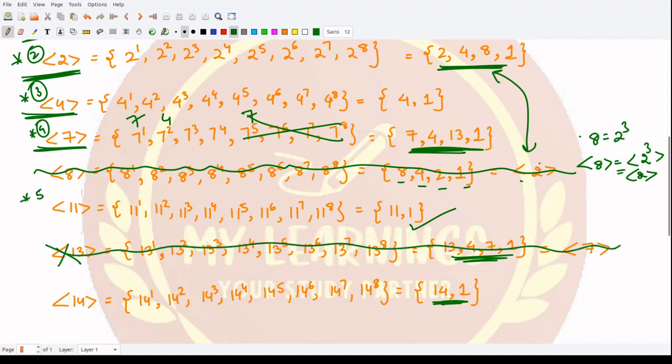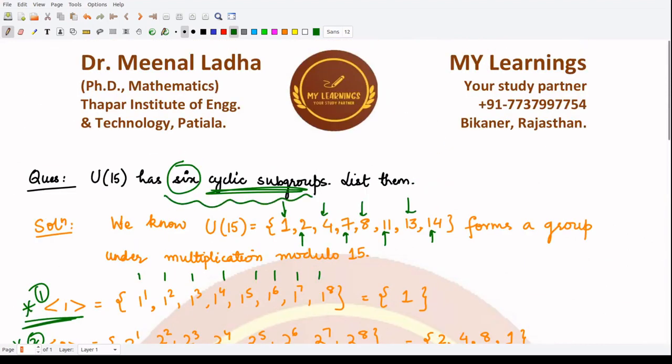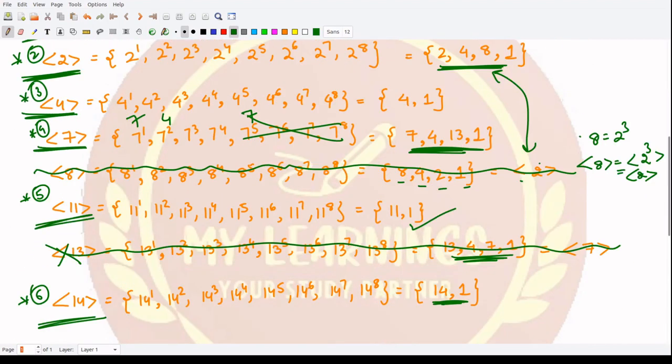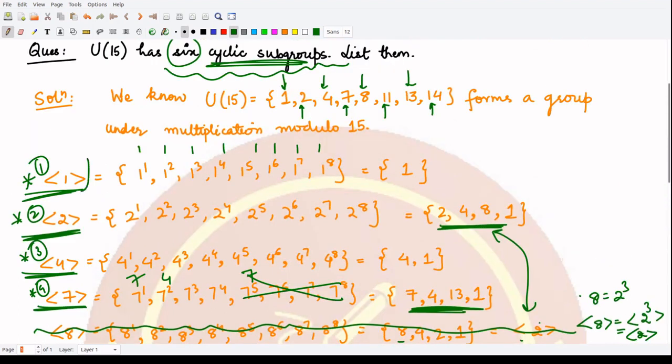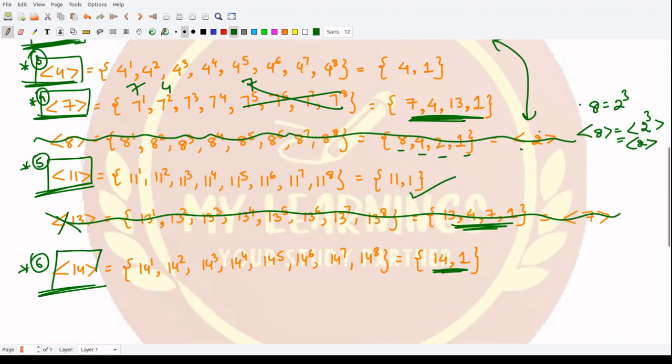So the one generated by 11 becomes our 5th cyclic subgroup and the one generated by 14 becomes your 6th cyclic subgroup. Hence from the elements here, we obtain 6 cyclic subgroups of U15, which are listed as the subgroup generated by 1, that generated by 2, generated by 4, generated by 7, generated by 11 and generated by 14. And this is our answer.